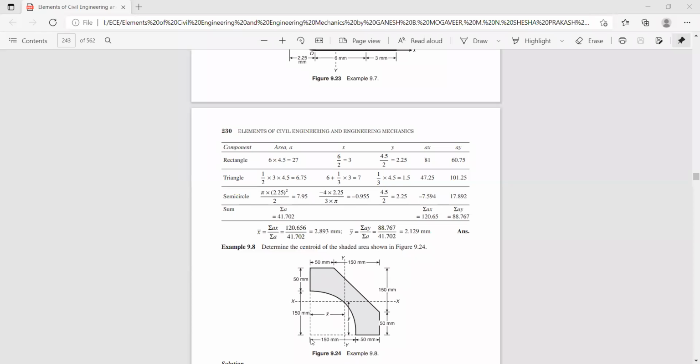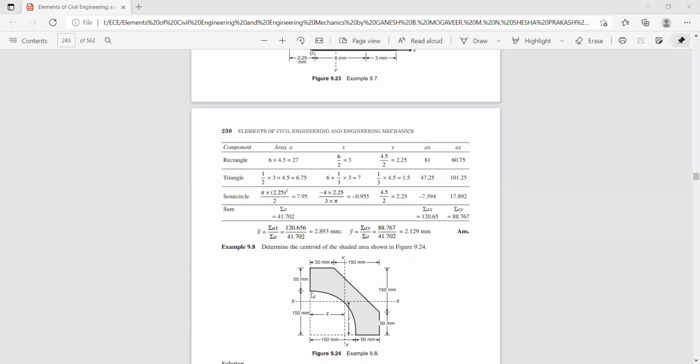And this side is also 200 millimeters. So A1 is 200 into 200, which works out to be 40,000 millimeters square. Next, A2.